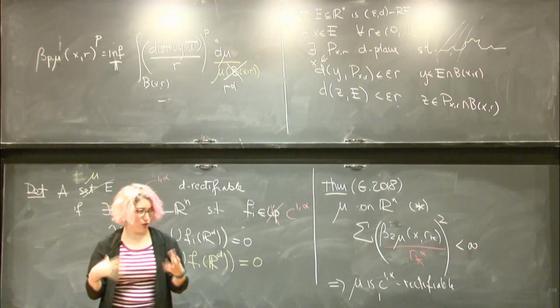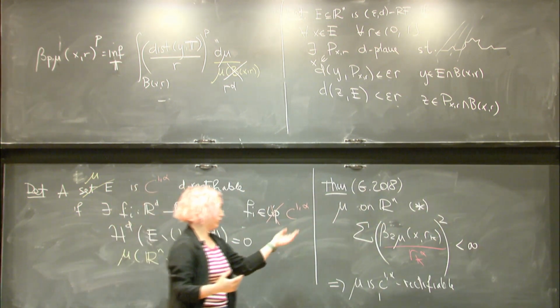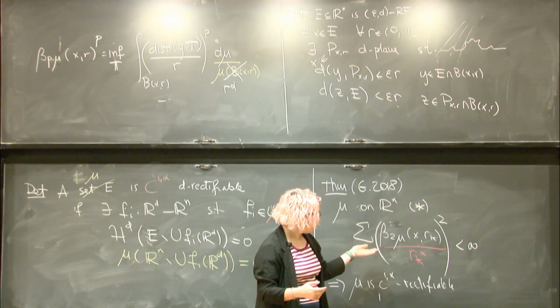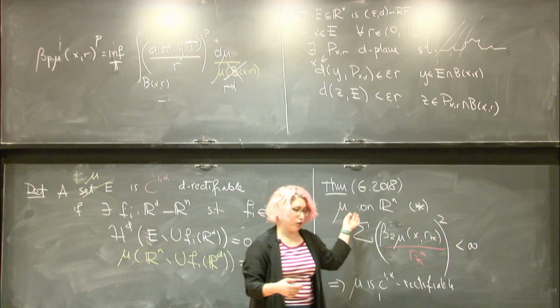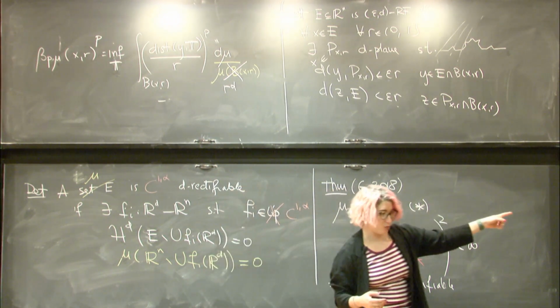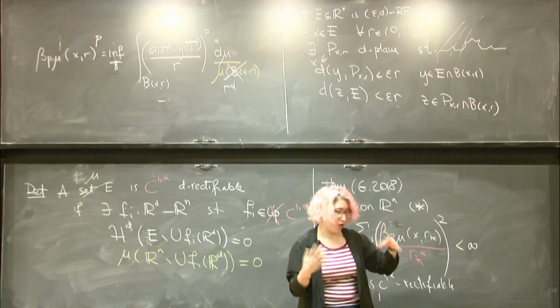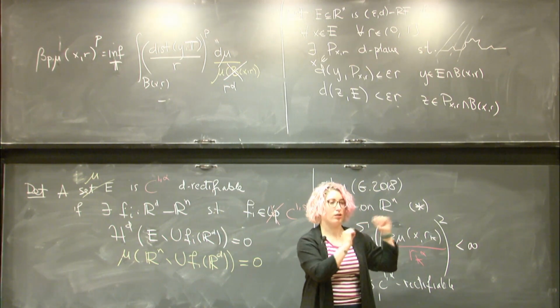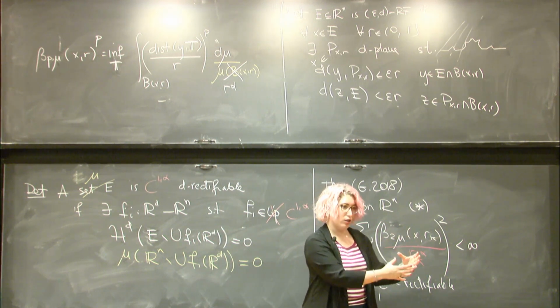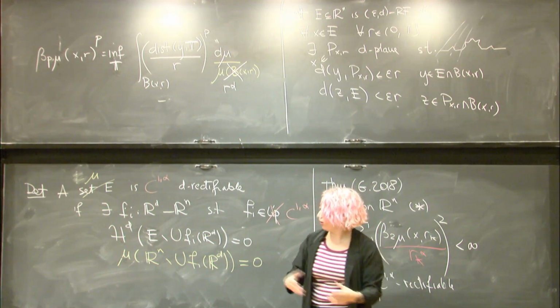I can just tell you, waving my hands for one second, how the proof works. You take the support of mu, and because of your good density assumption, you chop it. It's not really a stopping time, but you chop it, and at the end each of the small pieces is Reifenberg flat.